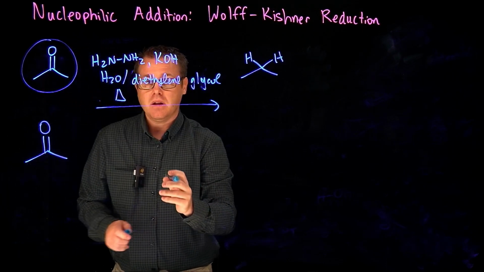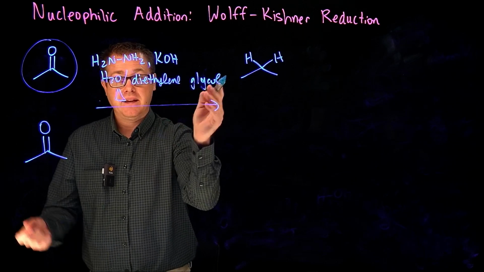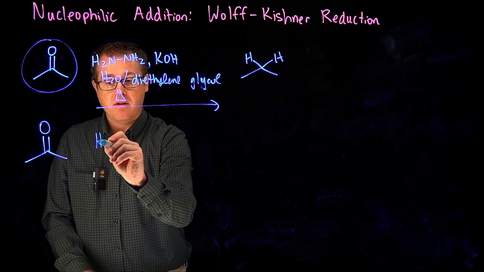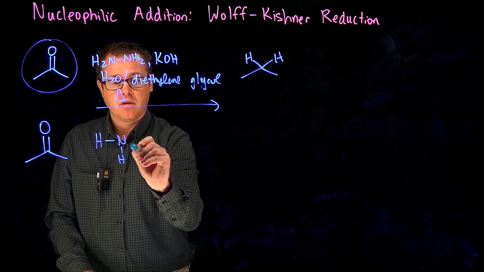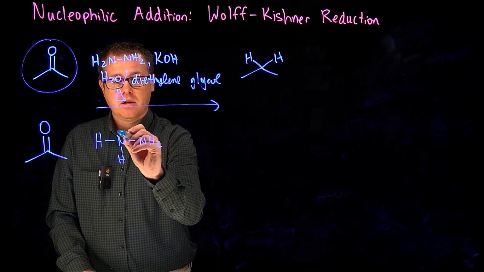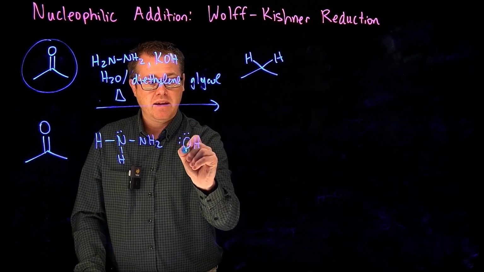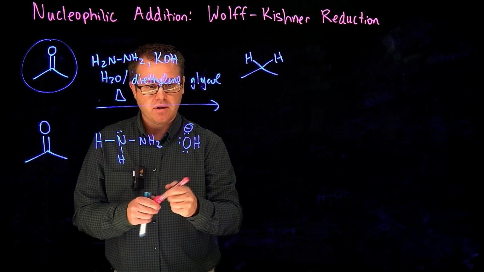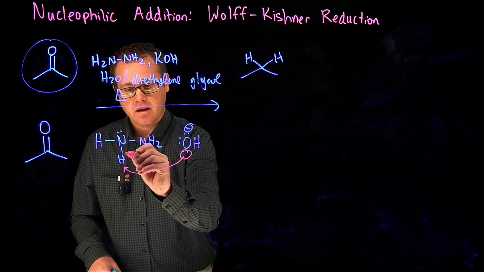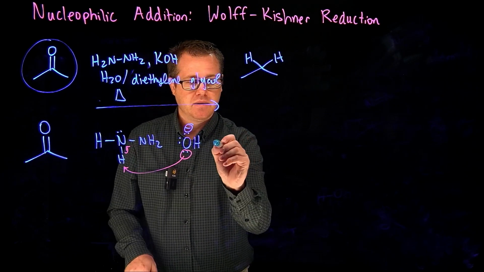Okay. So under basic conditions, we have a lot of base, a lot of water, and we have our hydrazine right here. So the first step would be that we would take some of our base right here, and we would do a proton transfer. We'd take that and generate the negatively charged species.